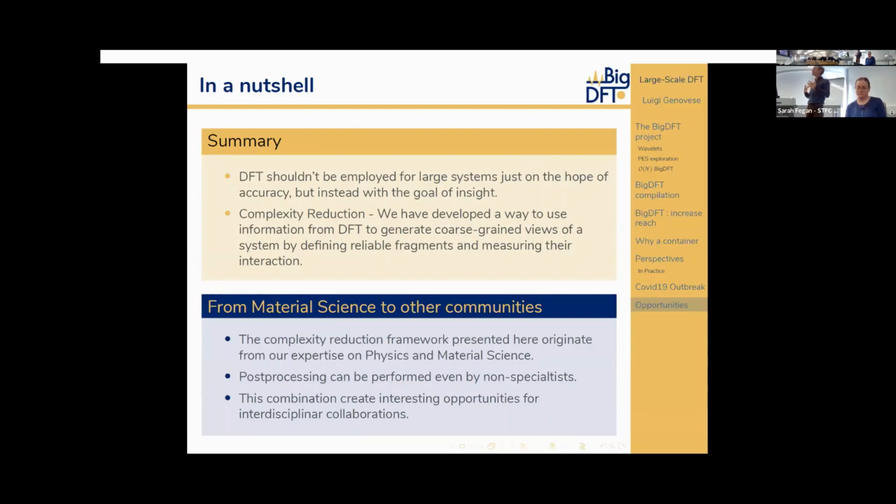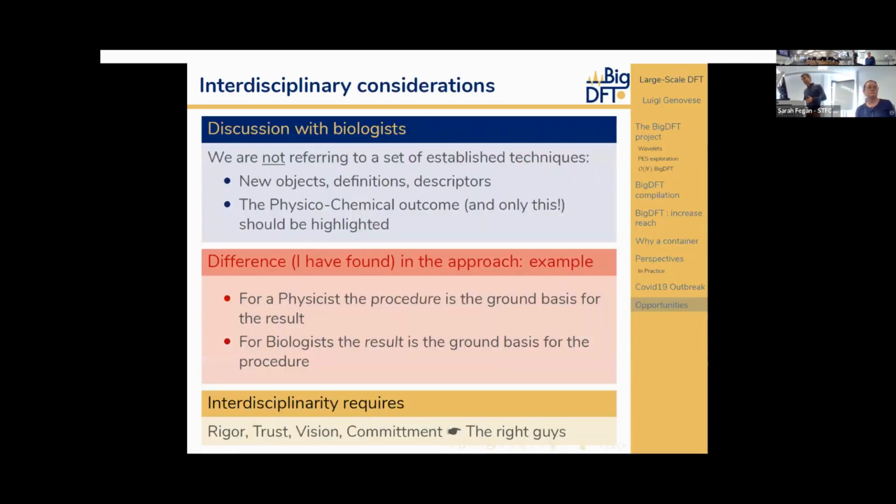But there are also a number of insights that can pop up just from simple single point calculations, or a population of them, coming, for instance, from downsampled molecular dynamics trajectories.